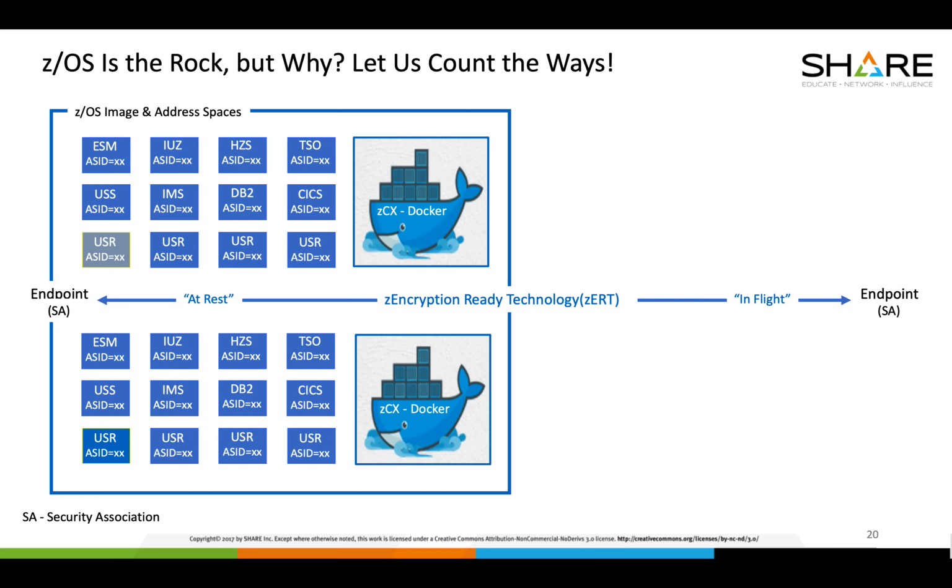It is the combination of the two, the concept of data at rest and the concept of data in flight, that forms the basis for z Encryption Readiness Technology, or zERT. It combines both of those together and attempts to provide it both in terms of pervasive encryption and other tools that we'll discuss now.